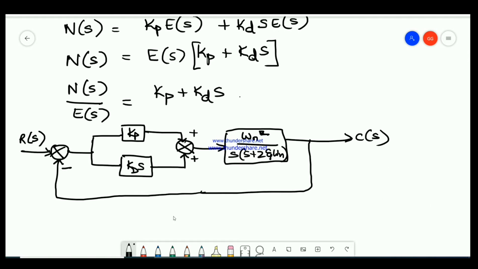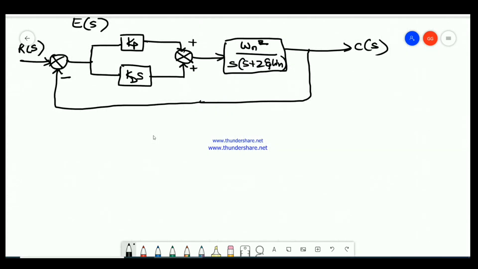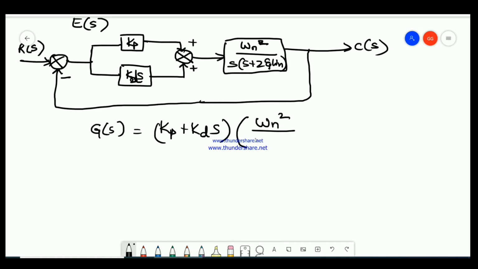Okay, now we'll write the equation for G(s), where G(s) equals (Kp plus Kd s) multiplied by omega n square divided by s into (s plus 2 zeta omega n).